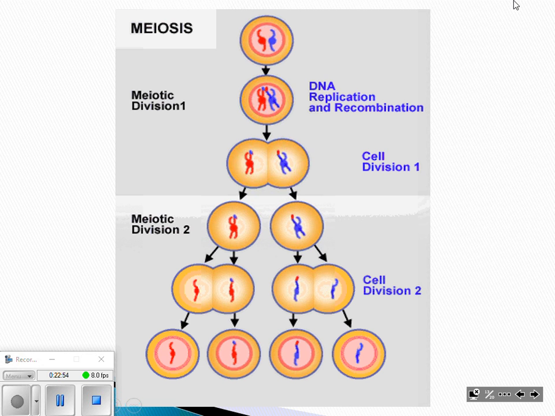Okay, then this one, we split it up in meiosis 1. We end up with 2 cells that have half the genetic information, right? Because this red chromosome here is missing most of the blue information, and this blue chromosome is missing most of the red information. Okay, and then we separate those sister chromatids, and we end up with 4 cells at the end, each with half the genetic information. And some of those can have a new combination of that genetic information.